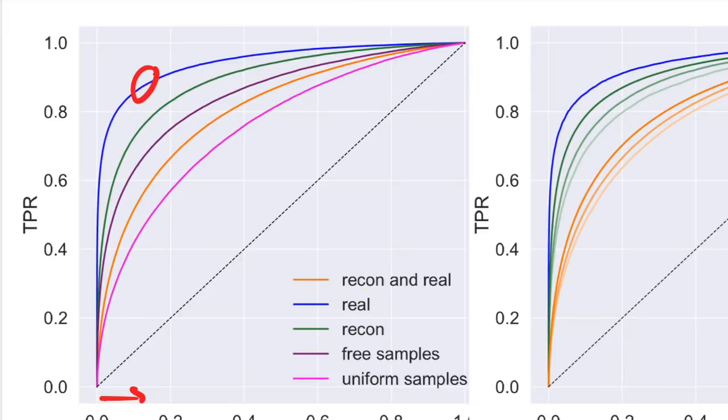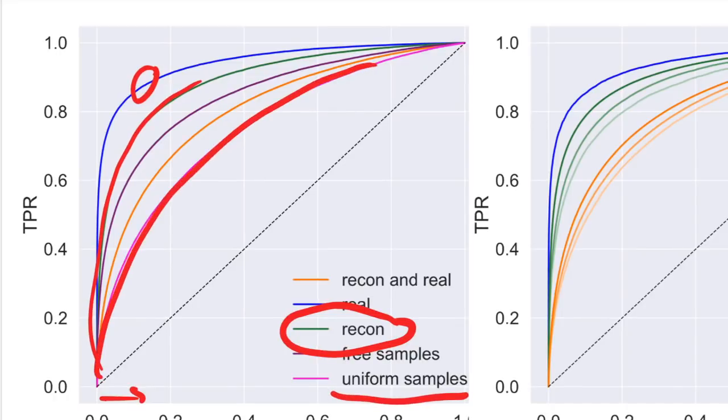And you can see within the reconstructed sets, that is achieved fairly well. Compared to uniform samples, this is fairly close. What is less close is this recon and real.